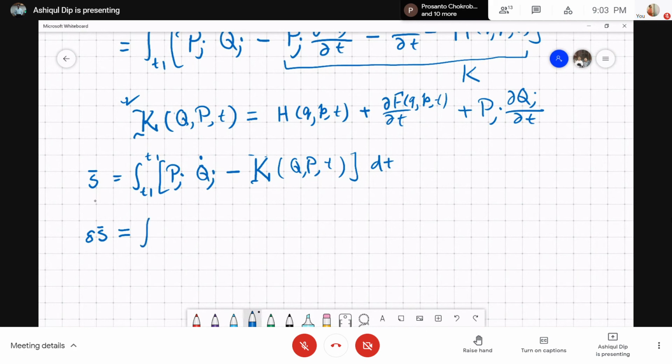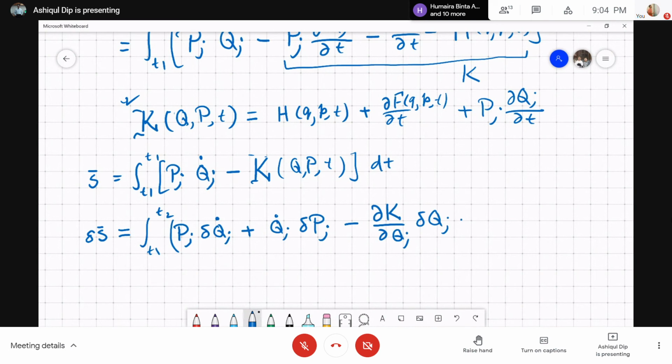It gives you the integral from T1 up to T2 of P_j times the variation of Q_j dot, plus Q_j dot times the variation of P_j, then minus ∂K/∂Q_j times the variation of Q_j, then minus ∂K/∂P_j times the variation of P_j.